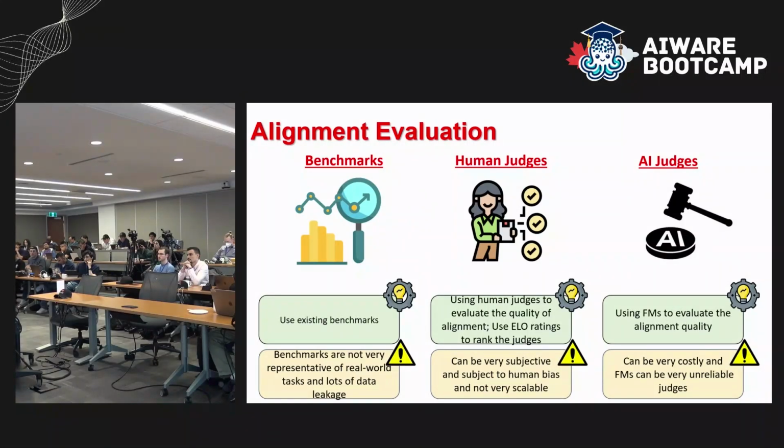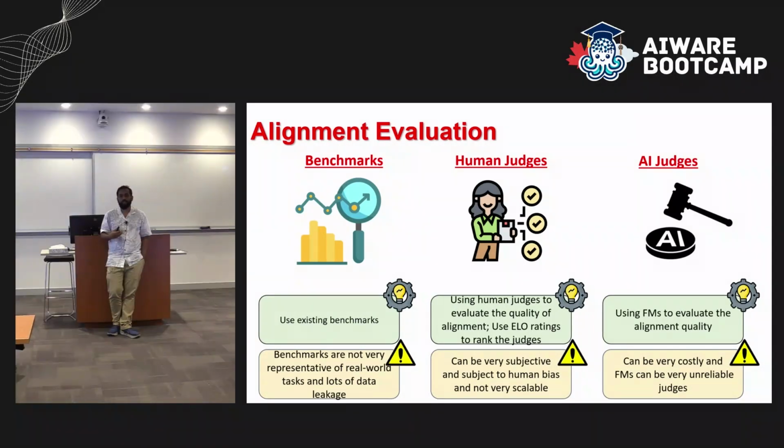And over and above, any of these foundation models can only evaluate based on the domain that they were trained on, and the shortcomings they have are going to be reflected in the judgments that they make.